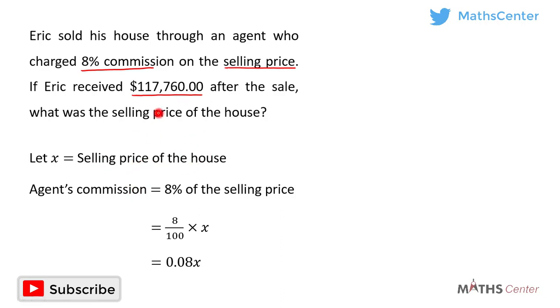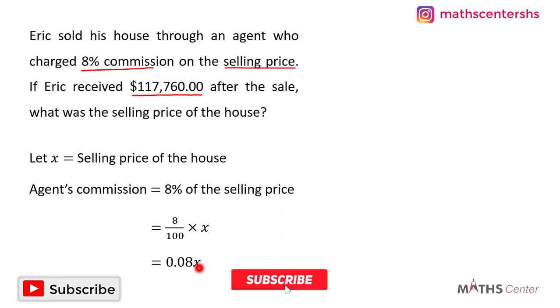The first one will be the money that went to Eric, and the second one will be the agent's commission. So the selling price comprises two parts. The first part is the money that went to Eric, which is $117,760. And the second part will be the agent's commission, which is 0.08x.